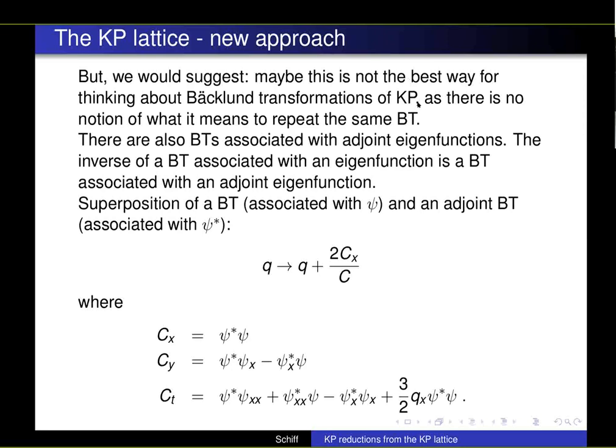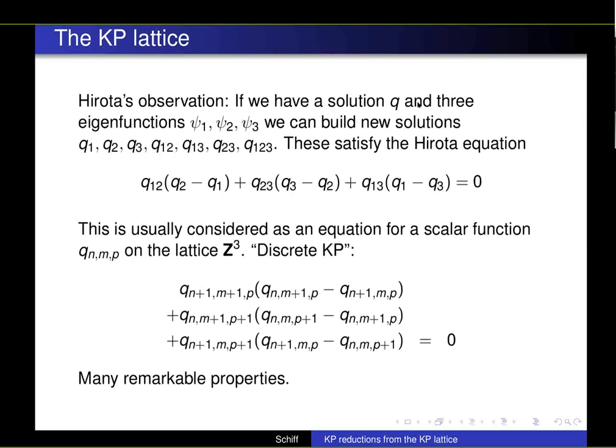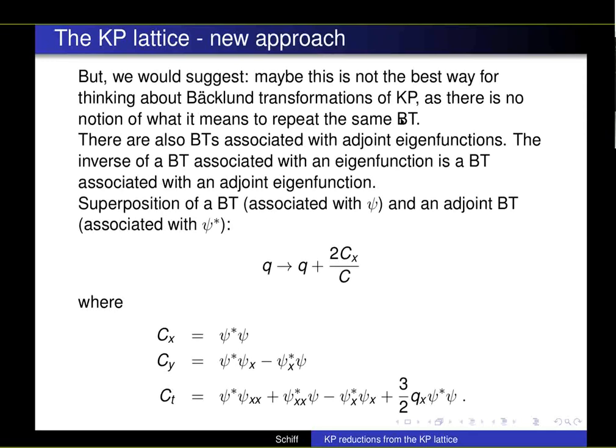The reason for that is that in a Z-cubed lattice, if we move from one point to the next, and then move on to another point, we have a clear notion of when those points are collinear. And in the case of KP, there's no notion of what it means to repeat the same Bäcklund transformation.